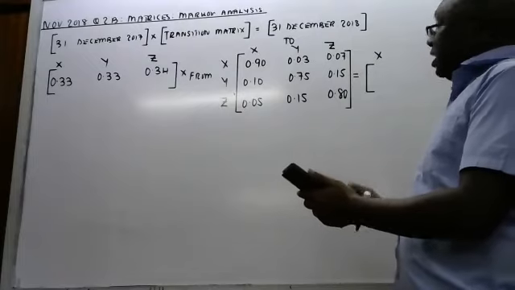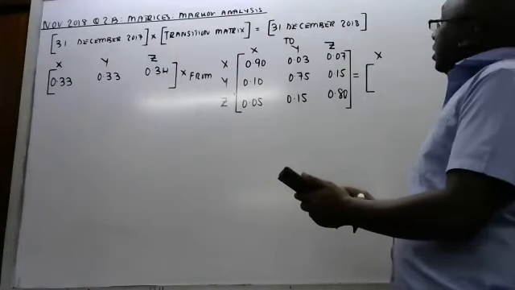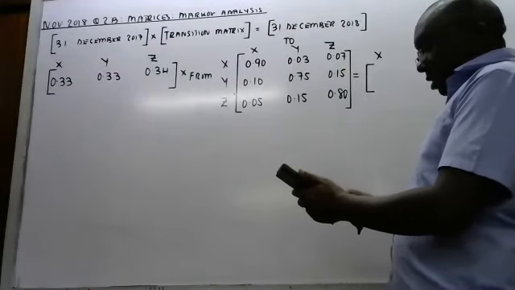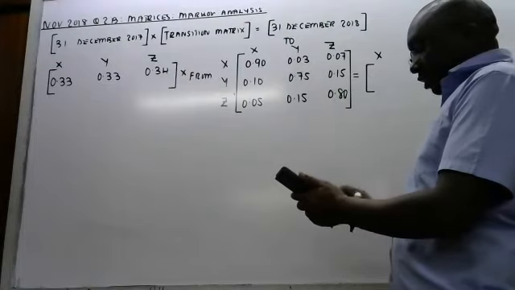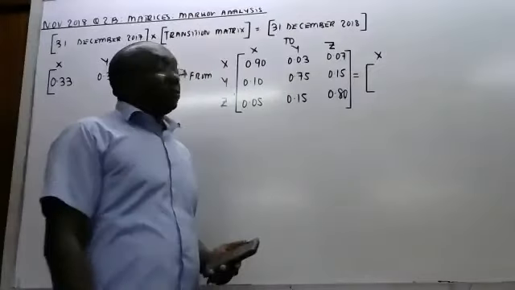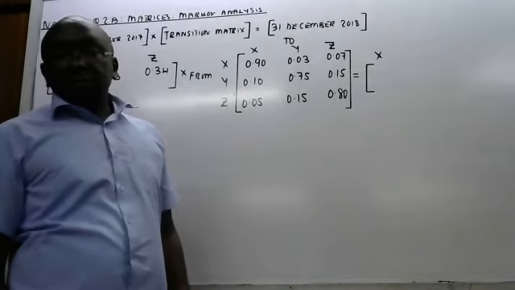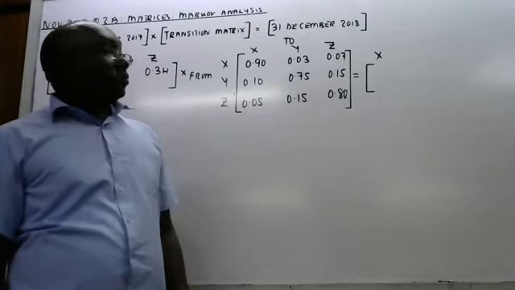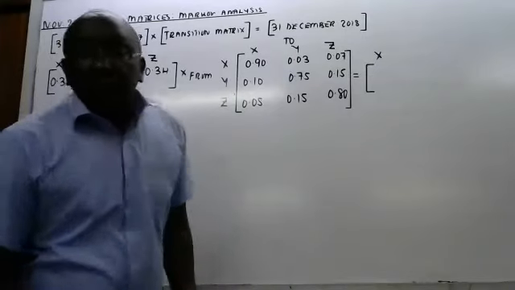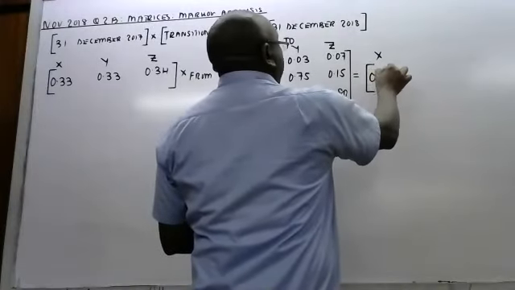So it will be 0.33 times 0.9 plus 0.33 times 0.1 plus 0.34 times 0.05. Yes, good. I can see them coming. 0.347.